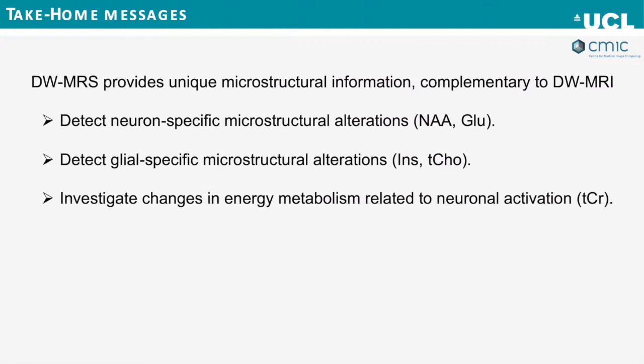So to conclude, I hope I convinced you that diffusion spectroscopy provides unique microstructural information complementary to that provided by diffusion magnetic resonance imaging. If you want to detect neuron-specific microstructural alterations, we can use mostly N-acetyl aspartate and glutamate as molecules which are more specific to this cell population.